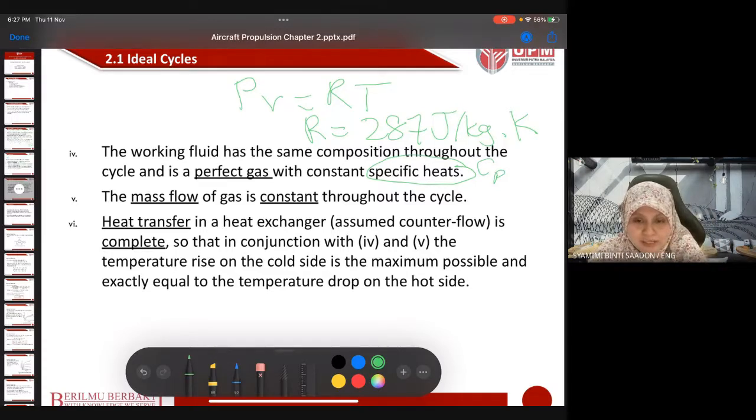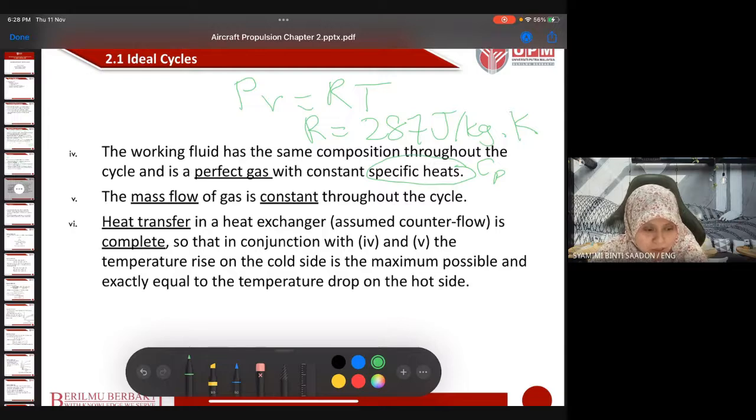This CP is what we call specific heat at constant pressure, because there's also CV, with a small v, which means specific heat at constant volume. But here we usually use CP for aircraft engine, aero engine, gas turbine cycle.